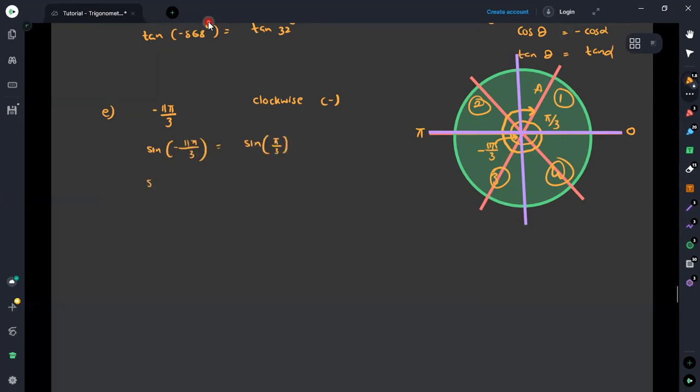Then the next one, it is not the sine, it should be cosine. We are taking the value for cosine. Cosine of minus 11 times pi over 3 equals cosine pi over 3. In a similar manner, for the tangent, we take tangent of minus 11 times pi over 3, which is equal to tangent pi over 3.